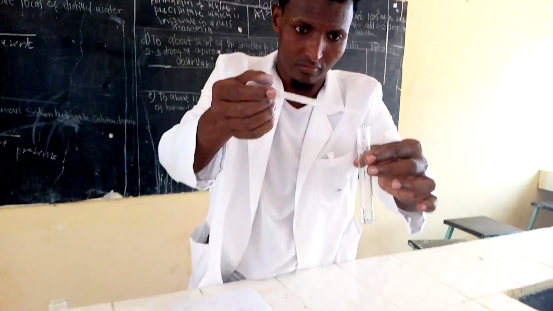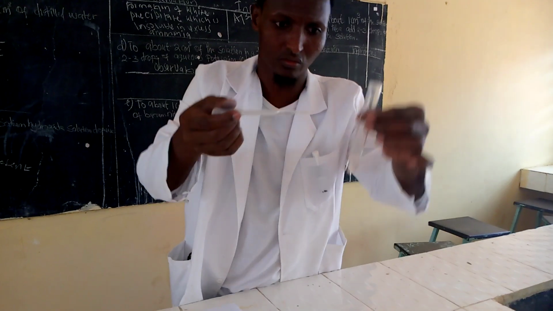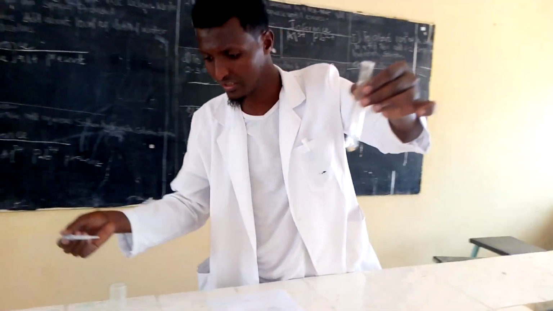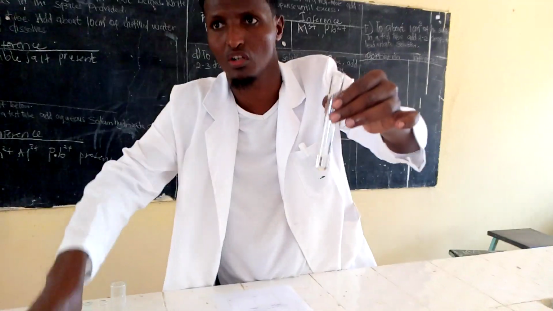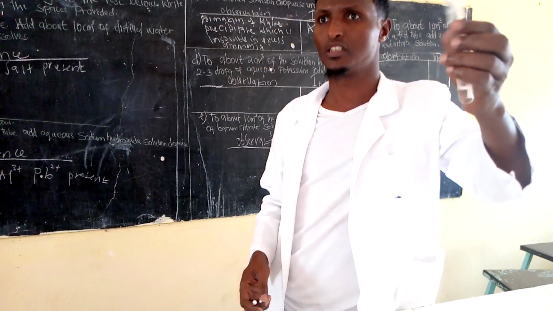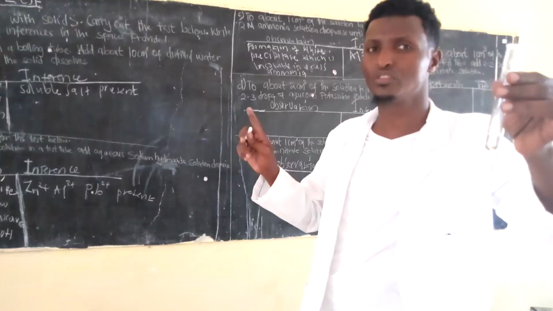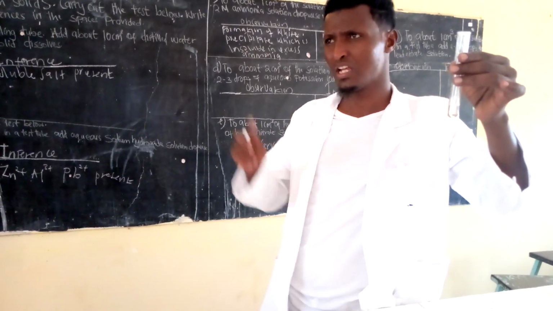Are you seeing now? 1, 2, 3. 2 to 3 drops. Are you seeing any change? No. So it means now there is no formation of precipitate. In fact, why we are using potassium iodide is because we are looking for the yellow precipitate.